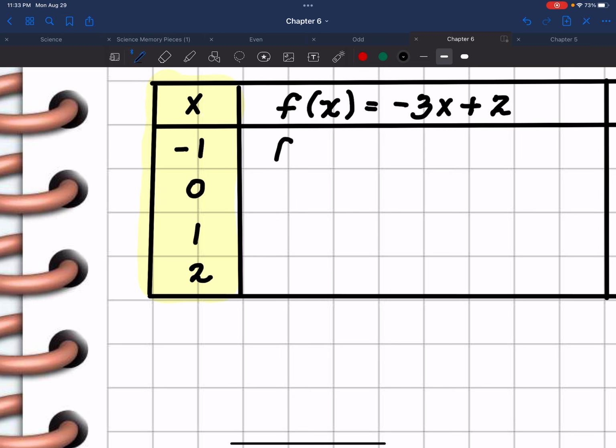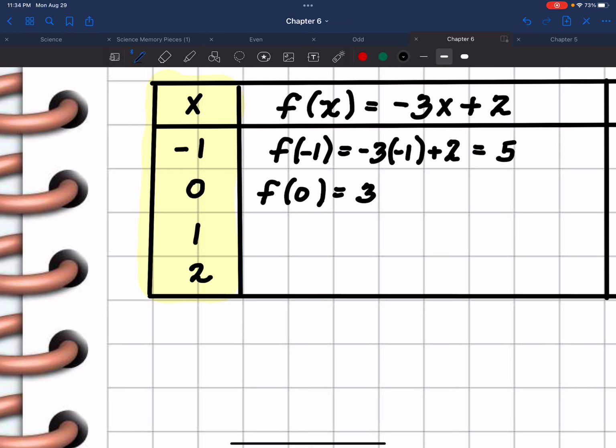Okay, so here we have f of negative 1 is going to be negative 3 times negative 1 plus 2. So this is positive 3 plus 2 is 5. f of 0 is negative 3 times 0 plus 2.